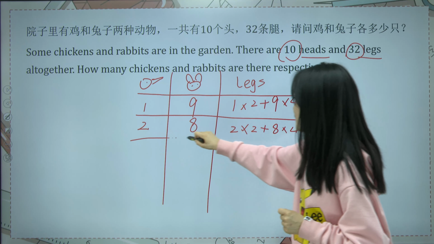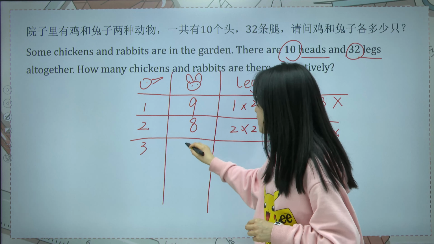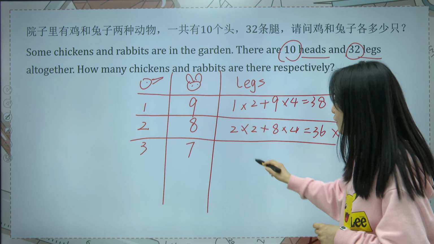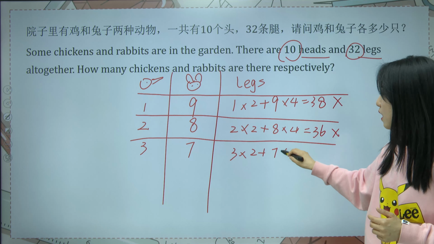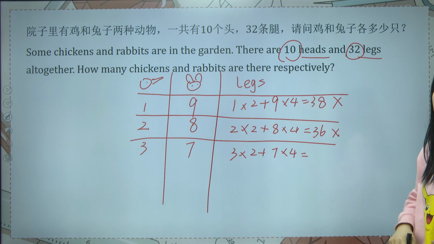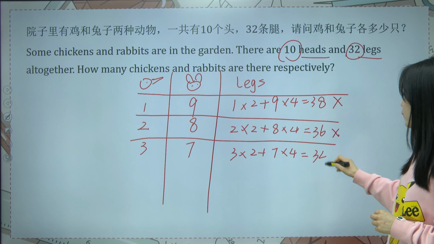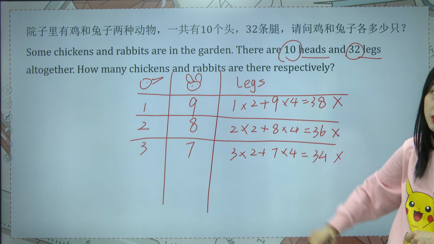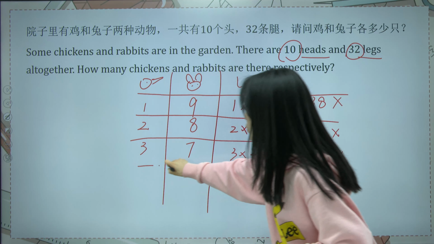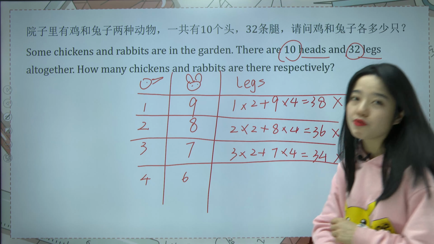So let's continue to list the next possibility. 3 chickens, 7 rabbits. And let's see how many legs can we find. 3 times 2 plus 7 times 4 equals 34. So still it doesn't satisfy the requirement of 32 legs. And let's continue. 4 chickens and 6 rabbits.